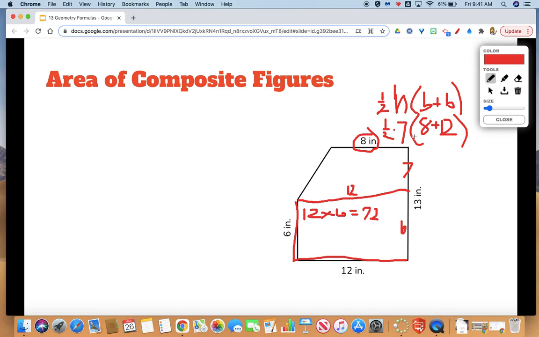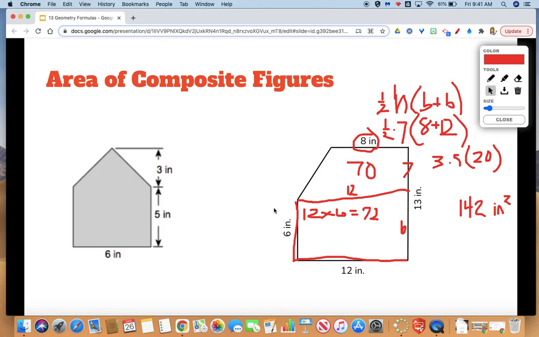So that's our height. I know half of 7 is 3.5, and 8 plus 12 is 20. So I'm going to plug that into my calculator, 3.5 times 20, to get 70 for the trapezoid. 70 plus 72 gives us our total area, 142 inches squared.